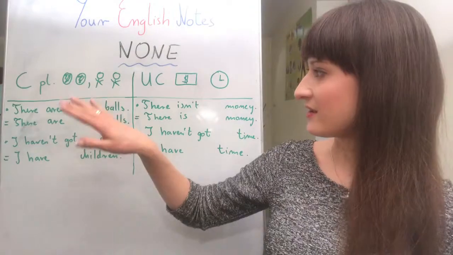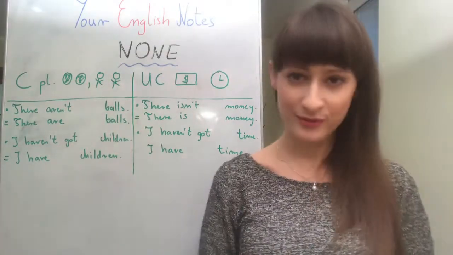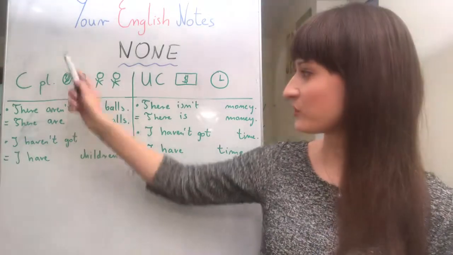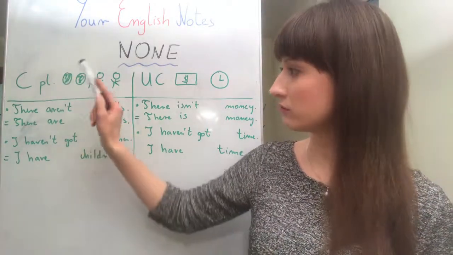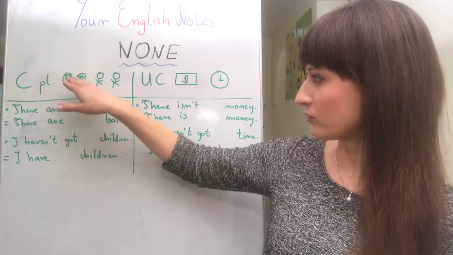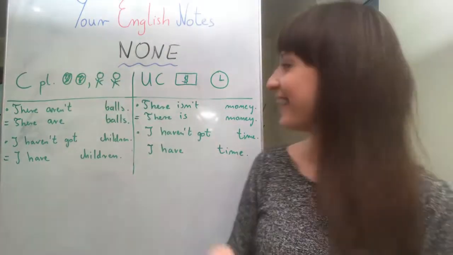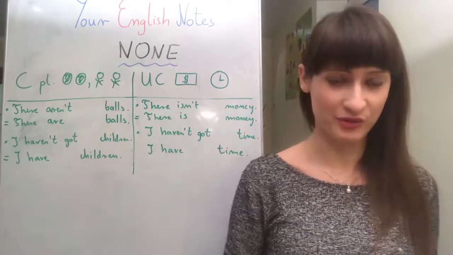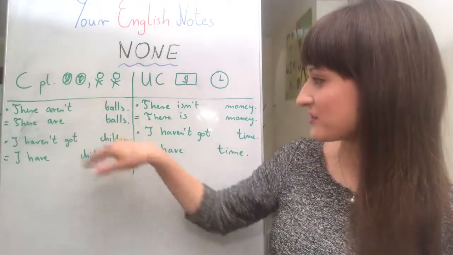As always, I've drawn a table with countable and uncountable nouns, and here we have only the plural form. So we have balls and children, and here money and time as examples of uncountable nouns. Let's look at the board.